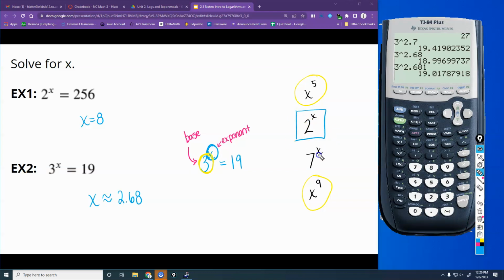These two actually are exponential. For something to be exponential, the variable is in the exponent.